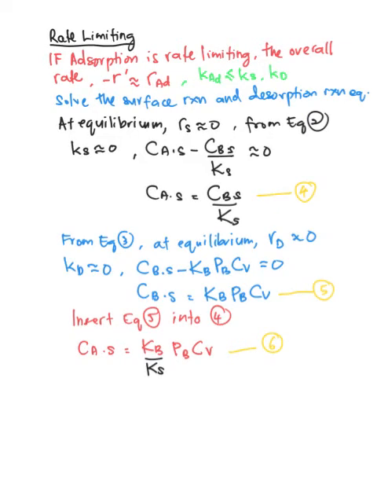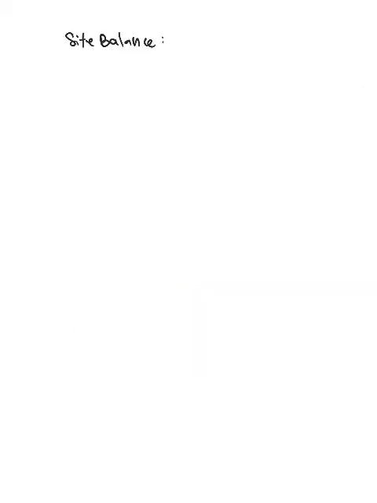Okay. Next step, we need to write the site balance equation. Site balance: Ct equal to Cv plus the species that attach to the active site. So only species A and species B. So Ct equal to Cv plus Ca·S plus Cb·S.